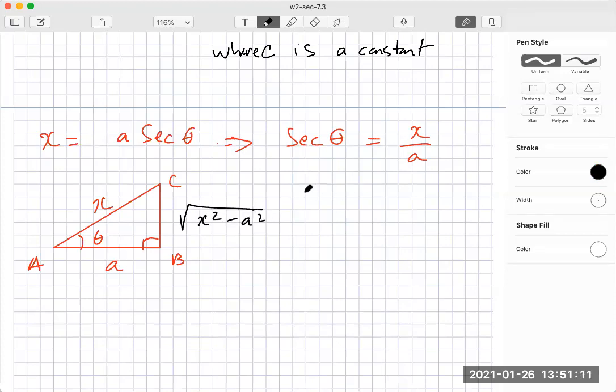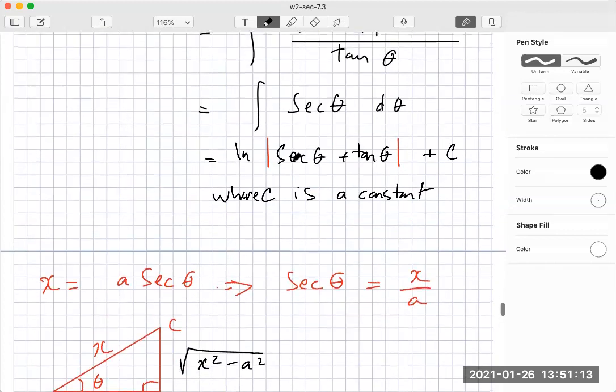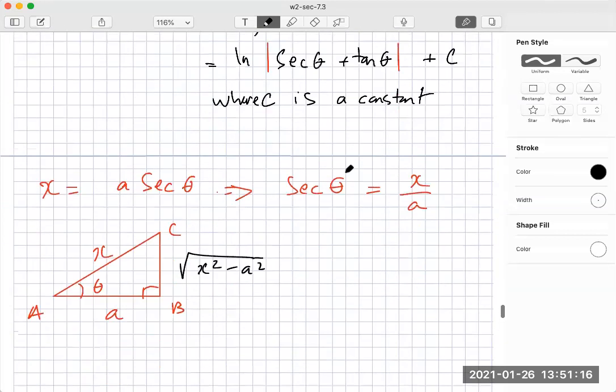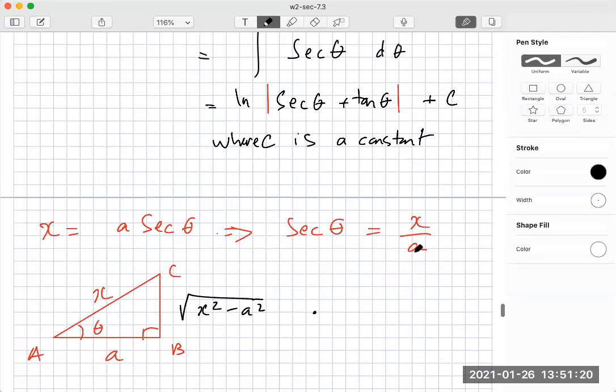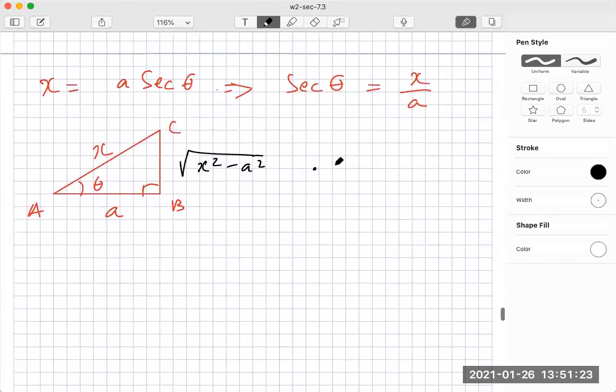So, now to answer the question here, secant theta plus tan theta. Secant theta is x over a, right? And tan theta will be, from this figure, Thank you, Waleed. Okay. Is that clear?